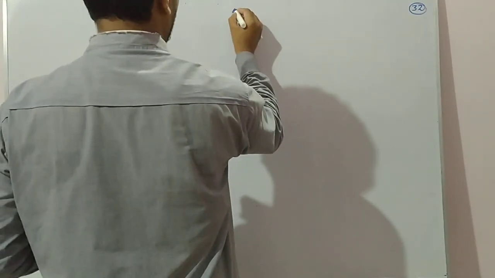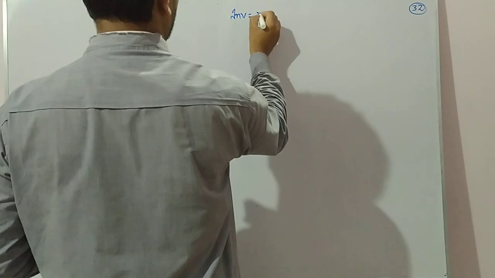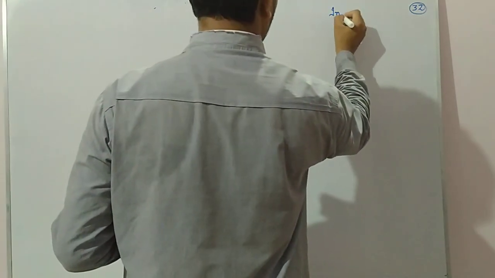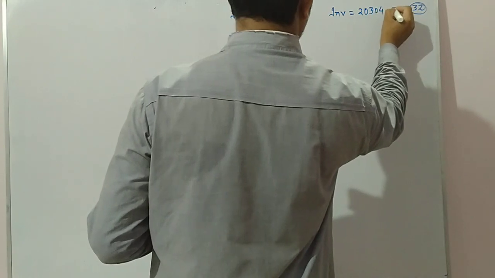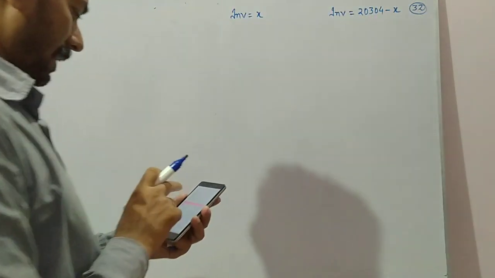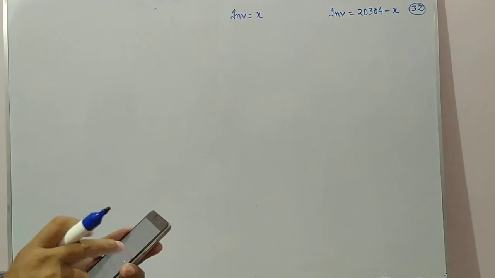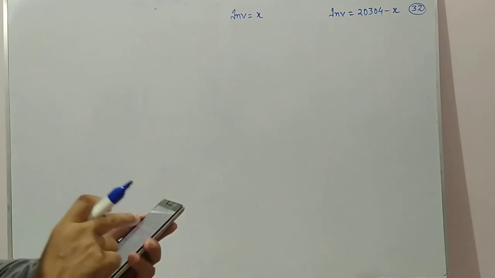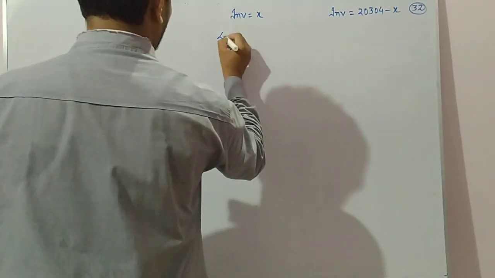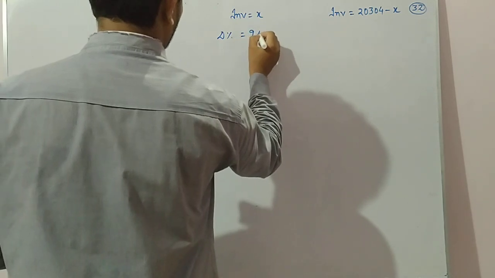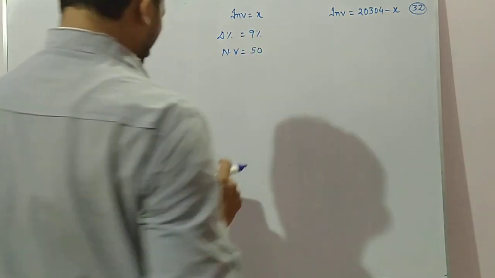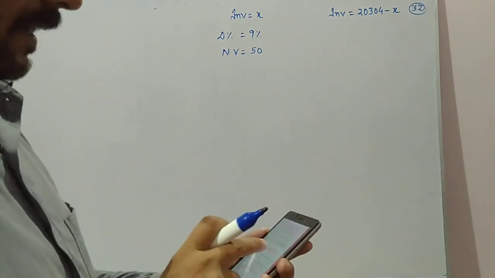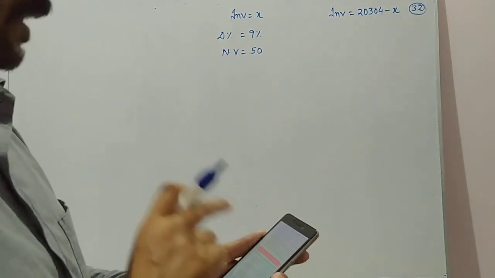So one part of the investment, let it be x. The second part will be 20,304 minus x. For the first part, in which share is it invested? In 9% rupees 50 shares. Dividend percent is 9%. Nominal value is 50. 50 shares at 8% premium.